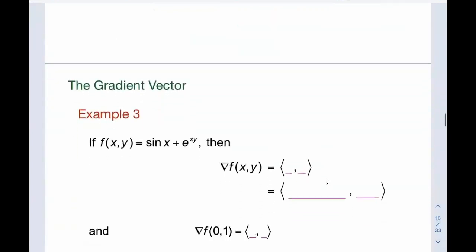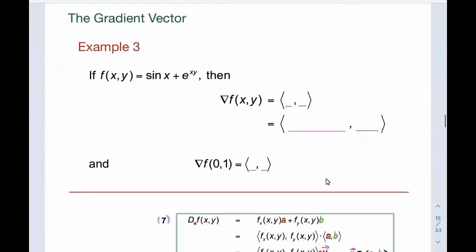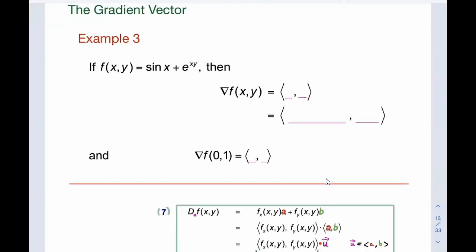Well, let's try to do some examples to understand the gradient a little better. So we're given this function here. Let's compute the gradient of the function. You can also call that del f. So what would that be? Anyone?